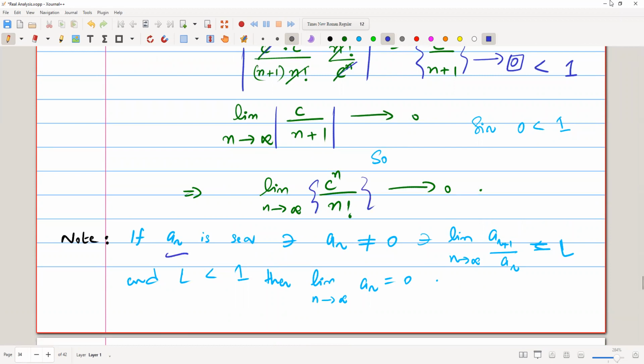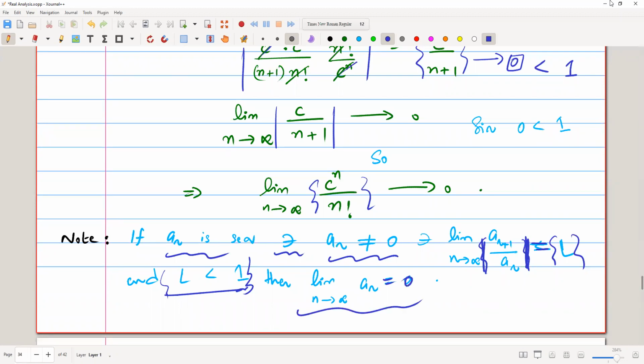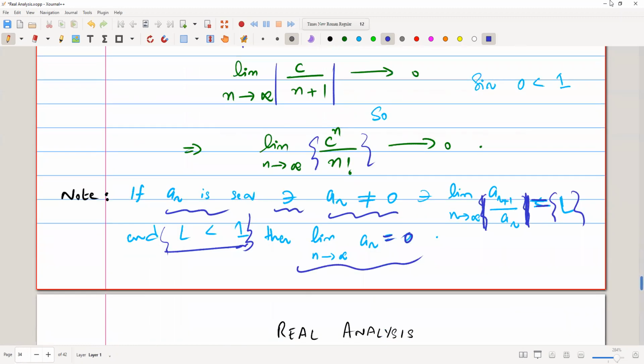So note, if a n is a sequence such that a n is not equal to 0 and the limit as n tends to infinity of the modulus of a n plus 1 over a n equals some number L, and L is less than 1, this condition is important, then the limit as n tends to infinity of a n equals 0. So this is the theorem for the ratio test.